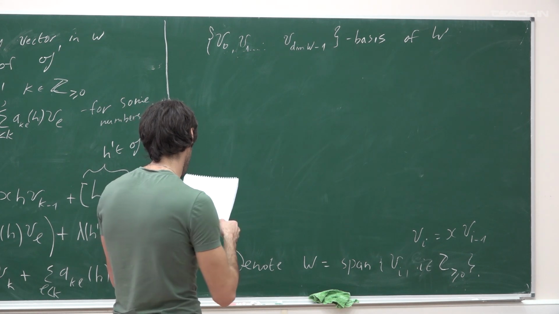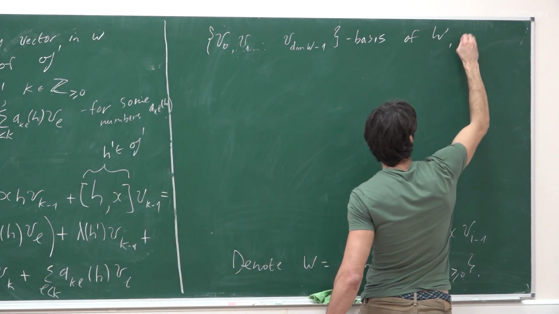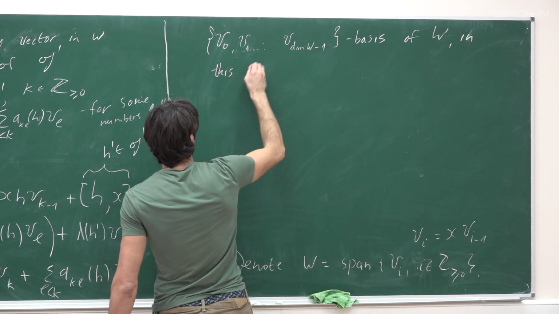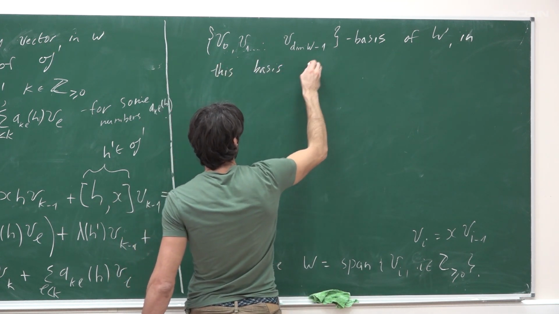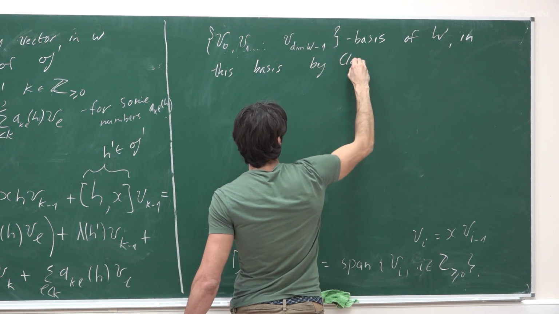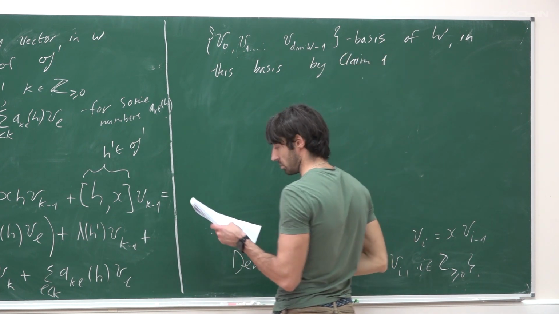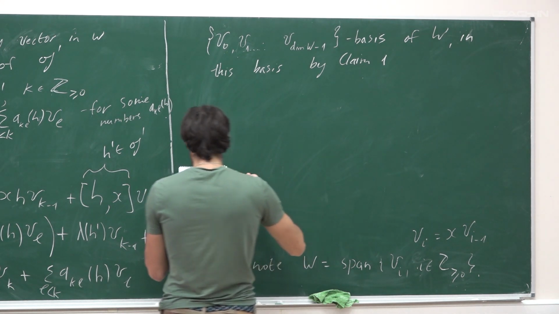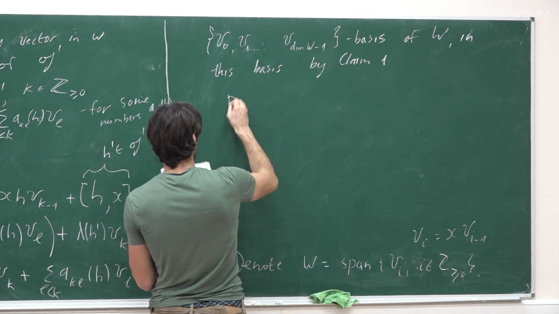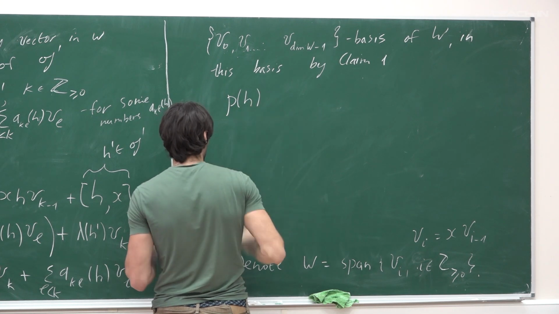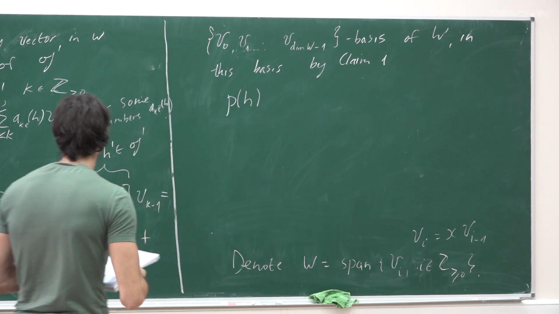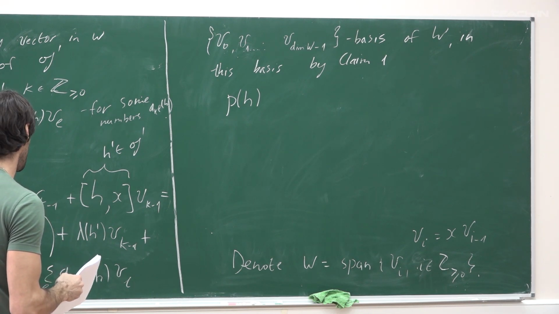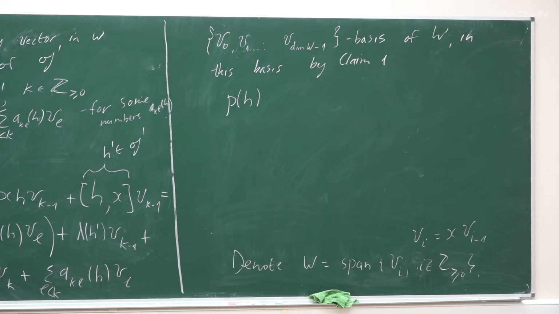Okay, and in this basis, by claim 1, we have some upper triangularity here, right? So rho of h. Well, first of all, g then W, right?